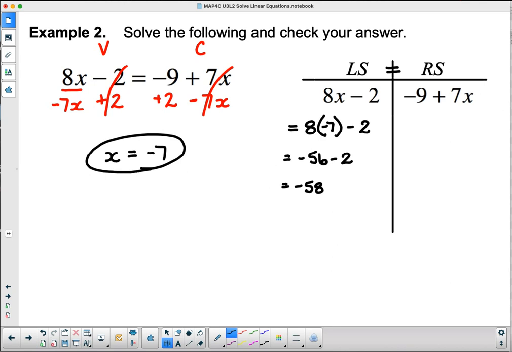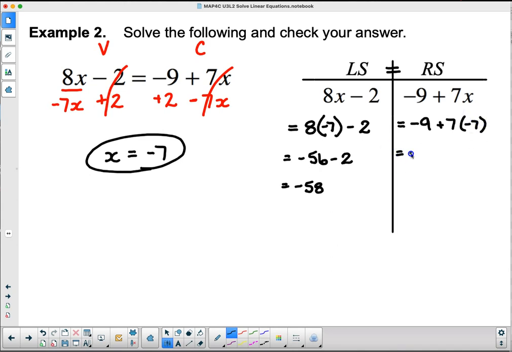Now I'm going to plug -7 into the other side of the equation, and I'm going to hope that I still get -58. Because if I get -58, that means left side equals right side, and I found the value of x that makes this equation true. So this is -9 plus 7 times, and instead of the x, I'm going to write -7. And now I'm just going to do the math.